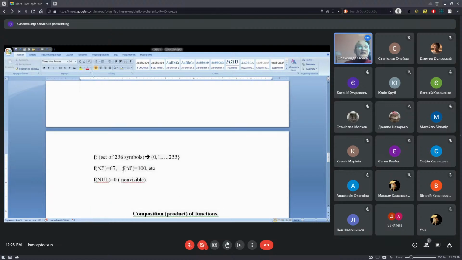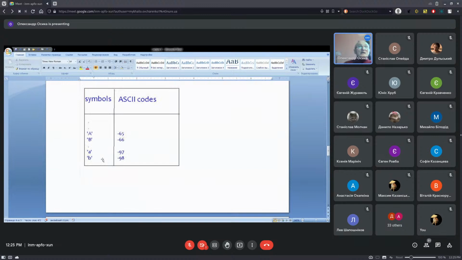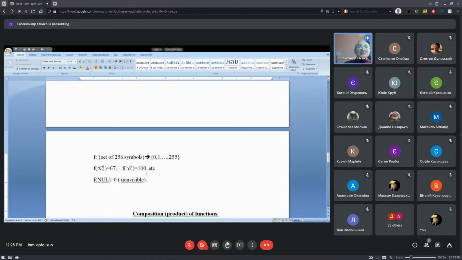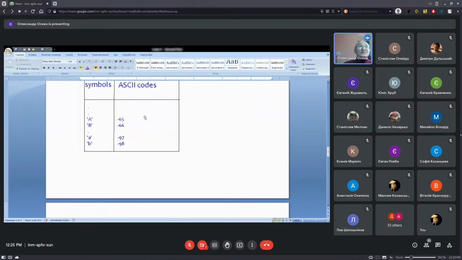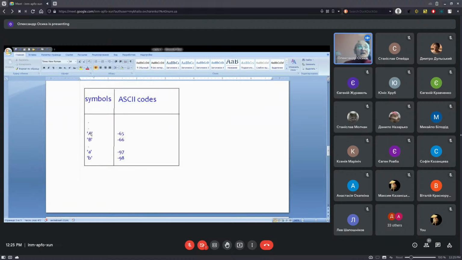And F of a small is 97, b small 98, c small 99, and d small has code 100.